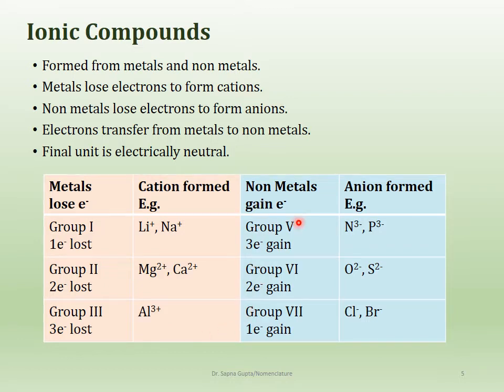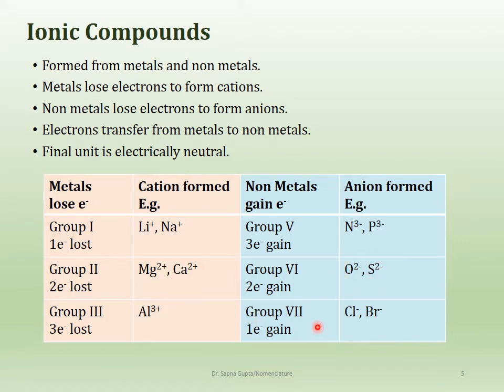And then starting from group number 5 on the right-hand side, which is the non-metals, group number 5 gains 3 electrons and becomes the nitride ion, the phosphide ion. Please note the names, phosphide and nitride ion. Group number 6, which is the oxygen group, will gain 2 electrons and become the oxide ion and the sulfide ion.